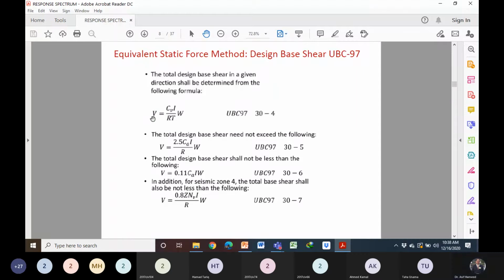So base shear is directly proportional to the magnitude or intensity of the earthquake. If the intensity is more, then this factor will be more. And this factor depends on the type of the soil and the seismic zone in which your site is, where you want to construct.